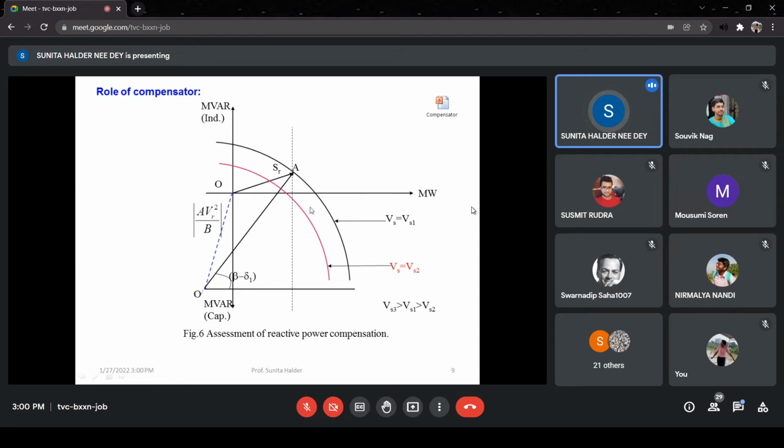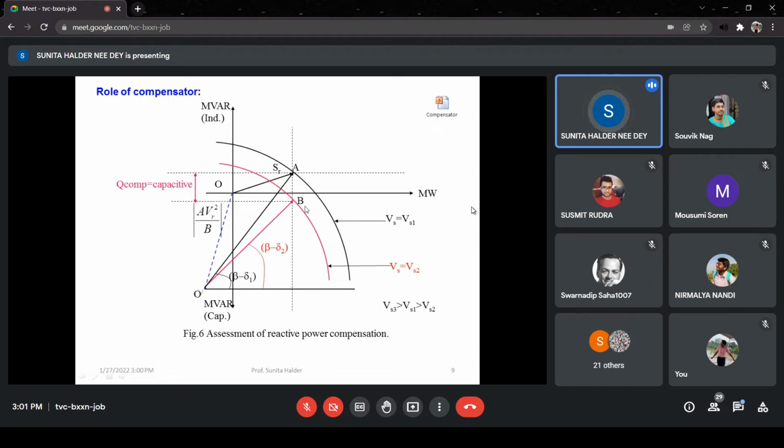In that case we can get the corresponding active power requirement at what operating point, and the required reactive power we can reach using the compensation, right? So in that case the operating angle will change from delta 1 to delta 2, and the compensation required is this much, and this much is capacitive because you are shifting from 1 to 2.